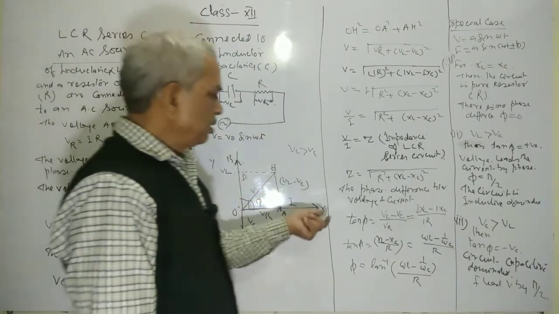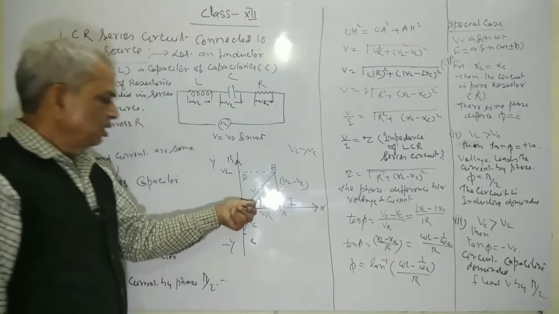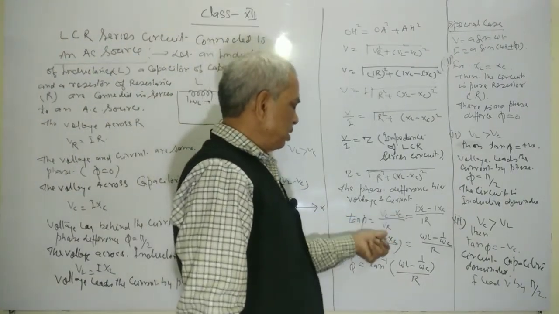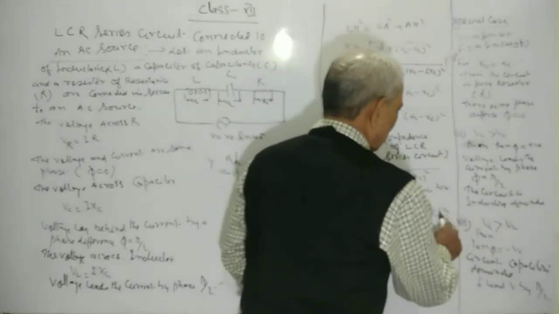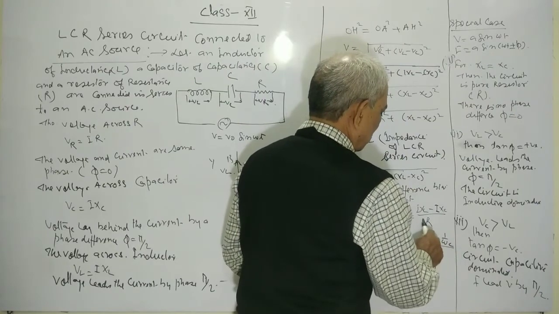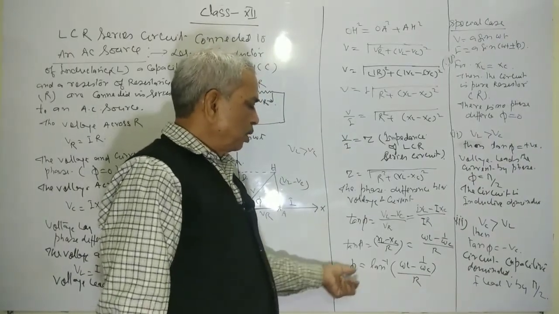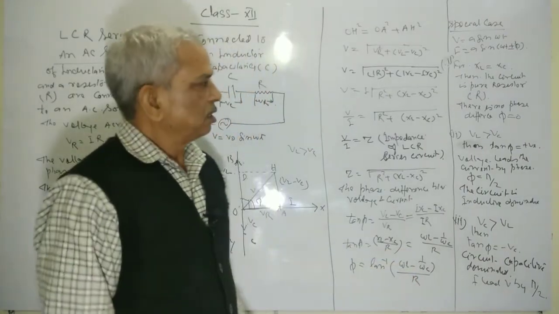The phase difference between the voltage and the current is tan phi equal to VL minus VC upon VR, or IXL minus IXC, then phi equal to tan inverse of omega L minus 1 upon omega C, upon R.